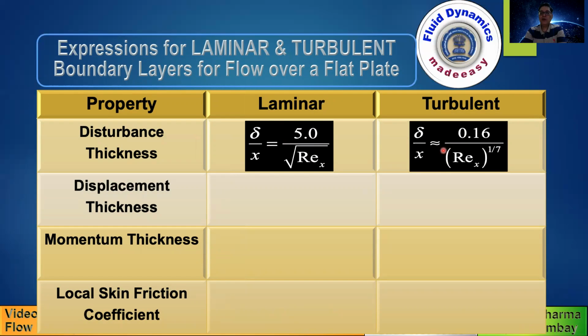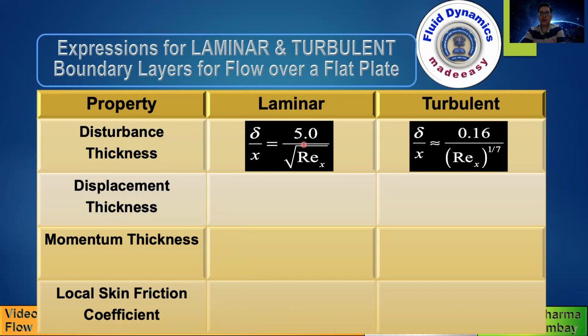For a turbulent flow, as I mentioned, it's a much steeper velocity profile. So if you use a 1/7 power law turbulent velocity profile, then using similarity techniques, these are the expressions for the non-dimensional boundary layer thickness.